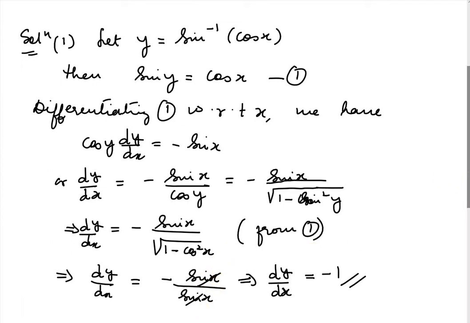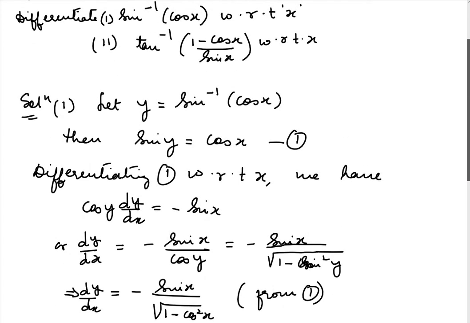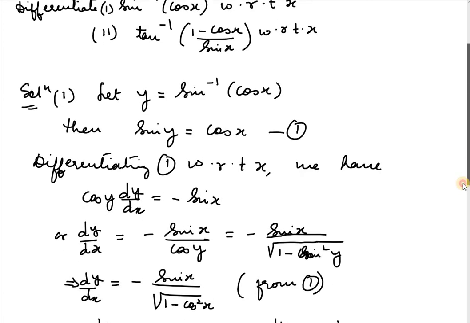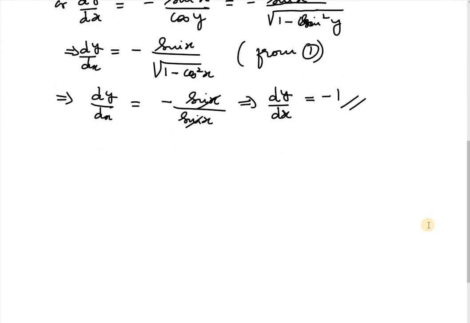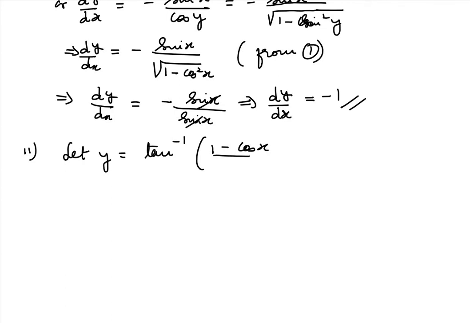Next, let us differentiate that one, number 2, tan inverse of (1 minus cos x) by sin x. You take y is equal to tan inverse of (1 minus cos x) by sin x.